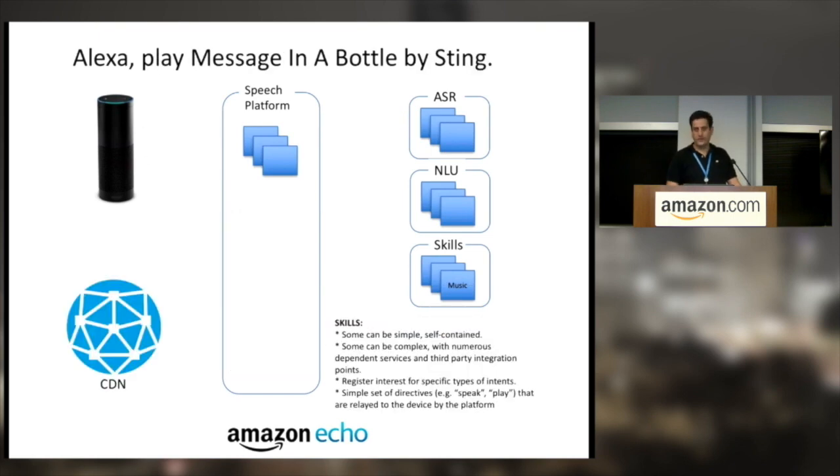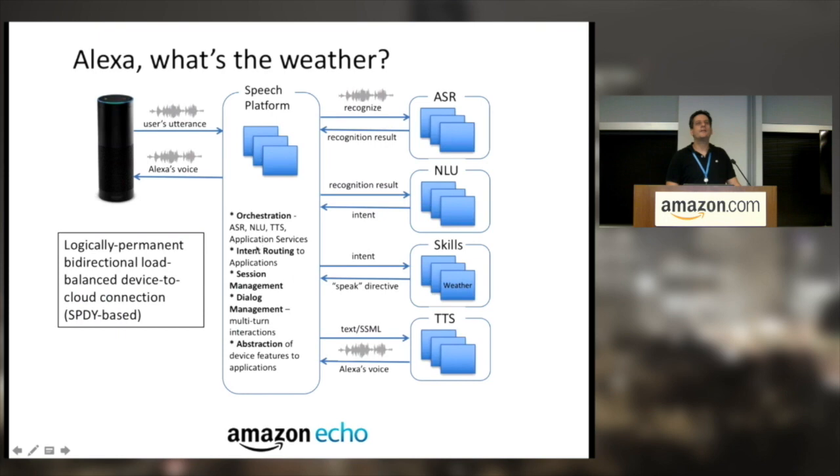The speech platform also manages the session and the dialogue. So if you have a conversation with Alexa, it knows the context and dialogue. For example, if I ask Alexa, what is the weather? And then I say, Alexa, and tomorrow, it will automatically know that you are asking about the weather in Boston. So there is a context of the message that the speech platform is managing.